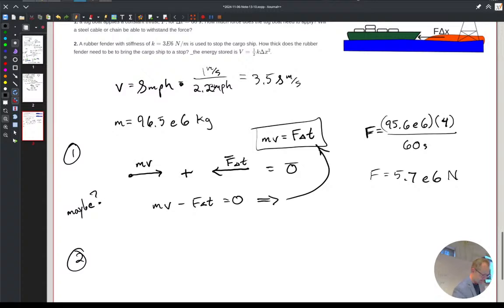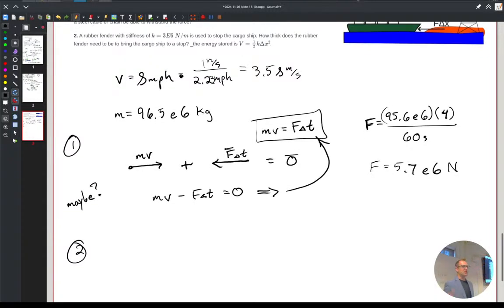Maybe. So let's say we'll just build a fender system. We're going to have a whole bunch of rubber tires and just line them up. The more rubber tires we have, the more displacement we can use. So basically we're creating something where this boat comes in, hits a spring, and then comes to a stop.